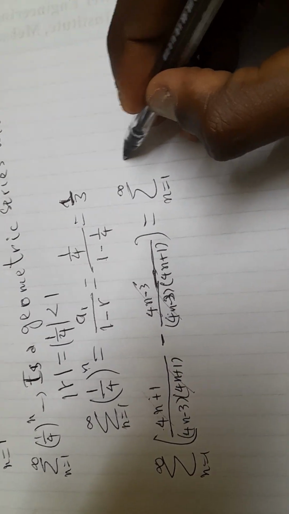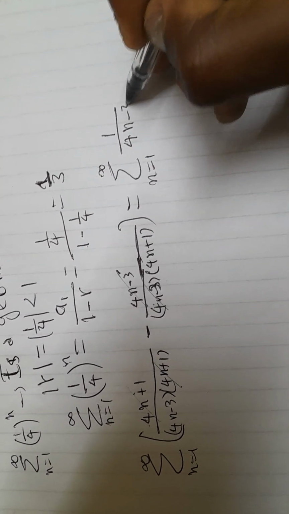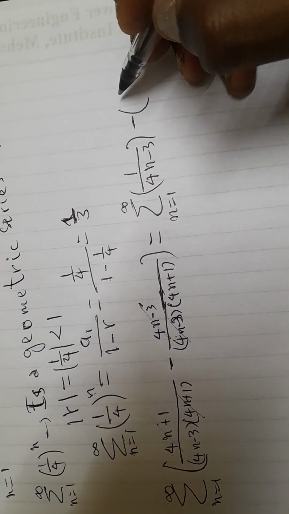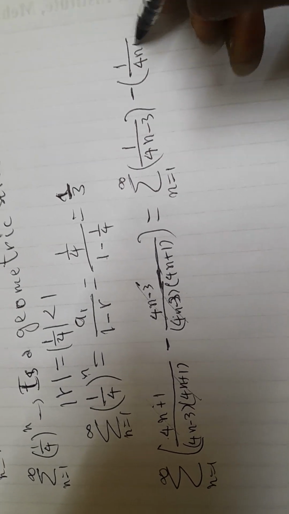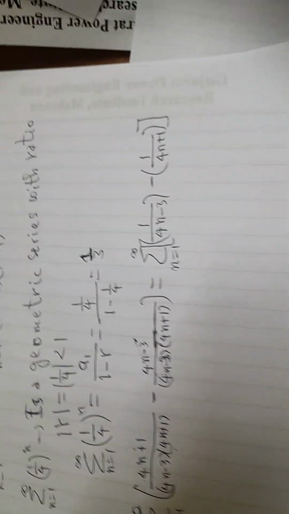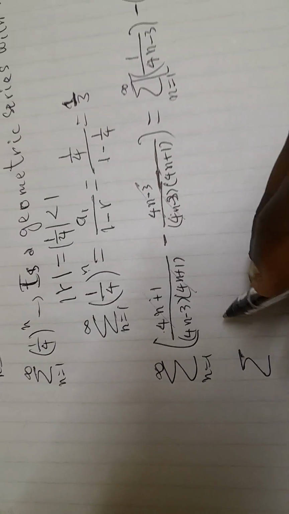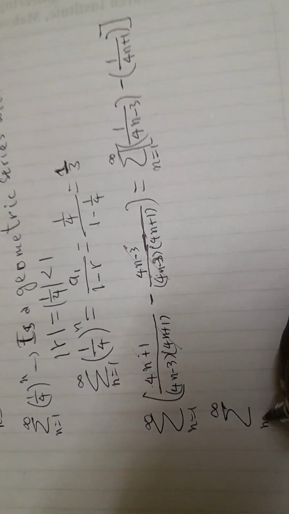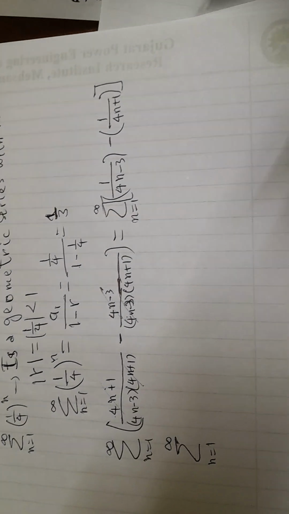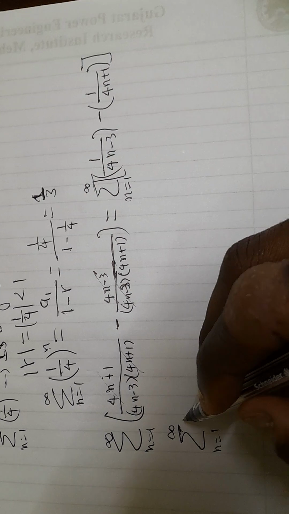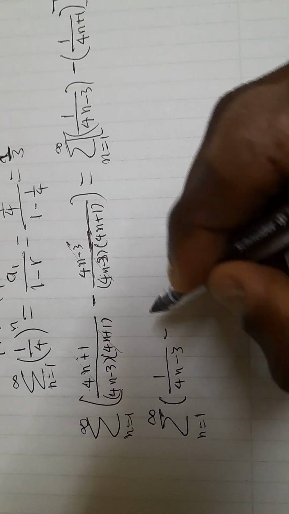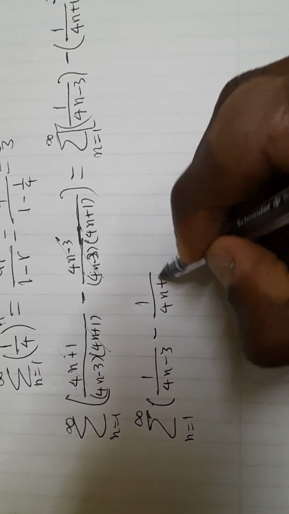This will be 1 upon 4n minus 3 minus 1 upon 4n plus 1.